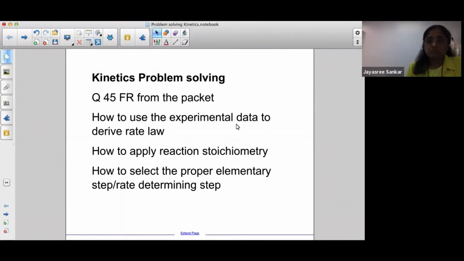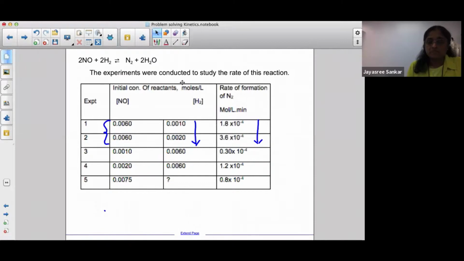Basically, given the experimental data, how to use the data to derive the rate law. So this is the question: 2NO plus 2H2 giving N2 plus 2H2O. And you are given 5 experiments performed with different concentrations of NO and hydrogen.